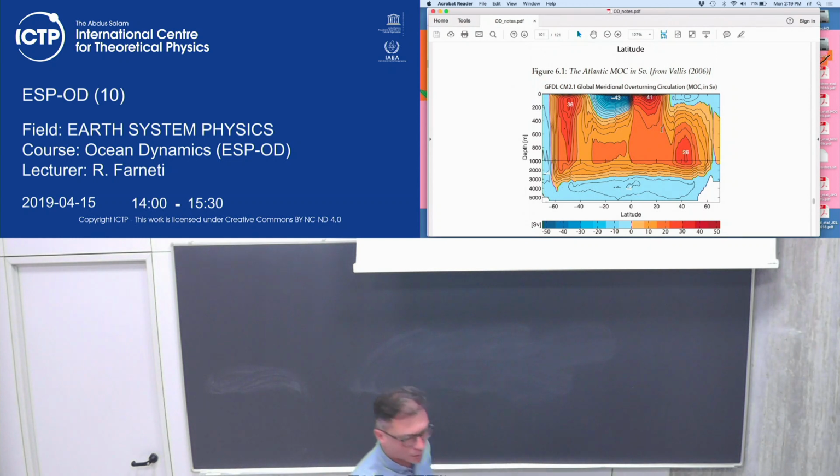This is an ocean model solution again. This is the global meridional overturning circulation. So this is depth, latitude, and this is zonally integrated. Okay, so it gives you the whole transport zonally integrated across all longitudes.